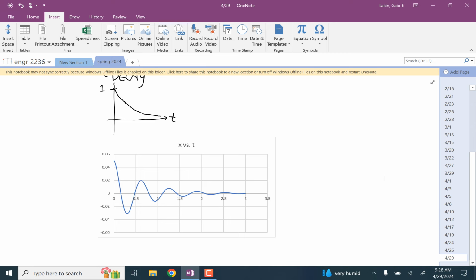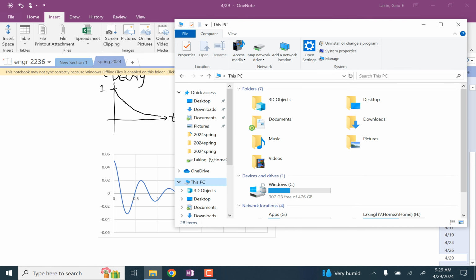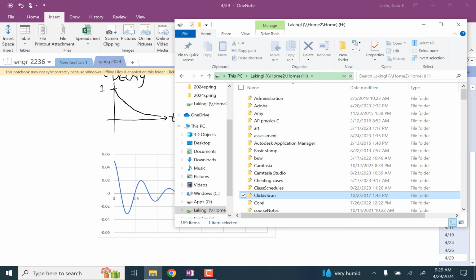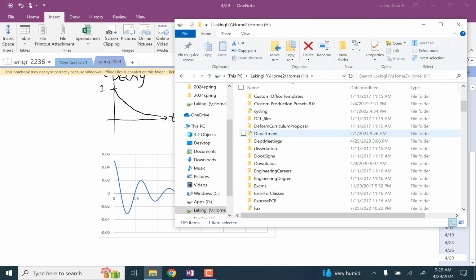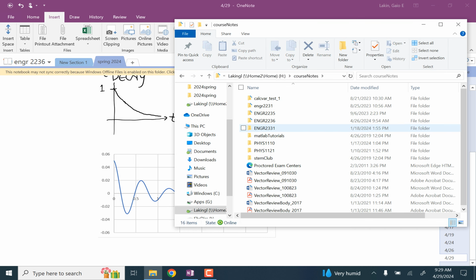And depending on how much damping you have, how quickly this thing decays, you can have something that looks very much like the undamped case or something that looks very much like the critically damped case. Okay, let's look at that for a second. So let me pull up this spreadsheet, course notes.